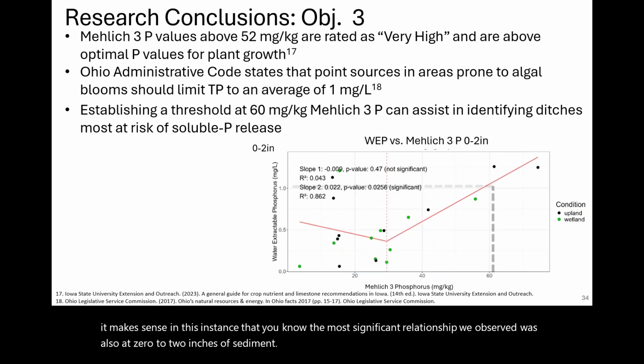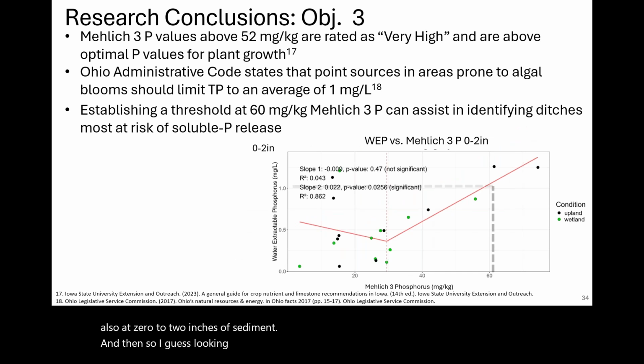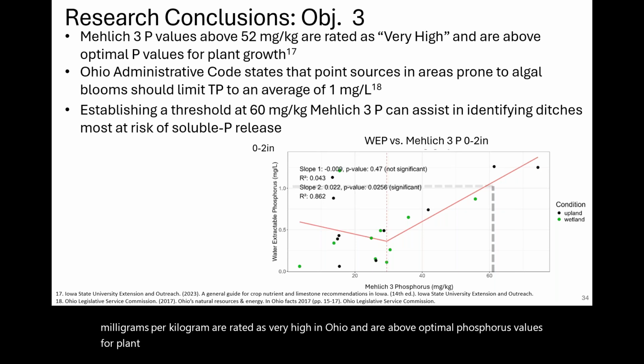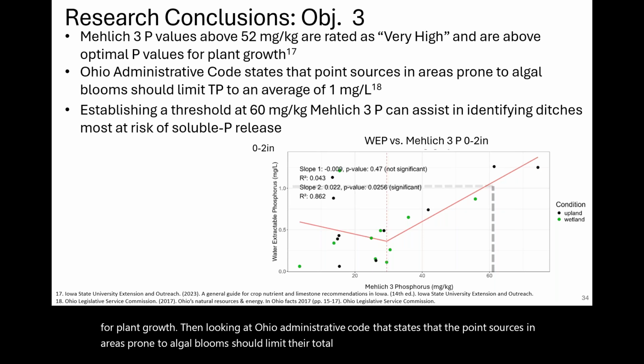And then looking at the typical phosphorus soil values, Mehlich-3 P values above 52 milligrams per kilogram are rated as very high in Ohio and are above optimal phosphorus values for plant growth. Then looking at Ohio Administrative Code, that states that the point sources in areas prone to algal blooms should limit their total phosphorus to an average of 1 milligram per liter.